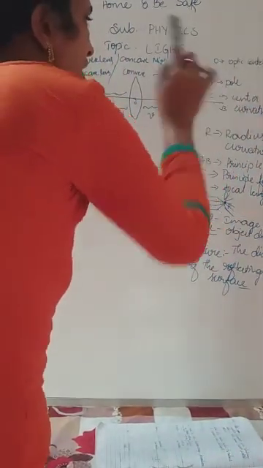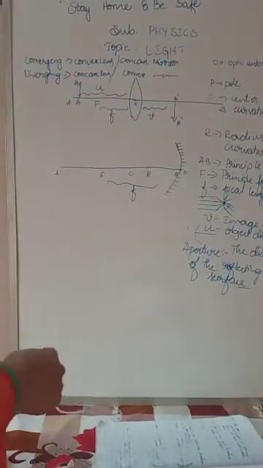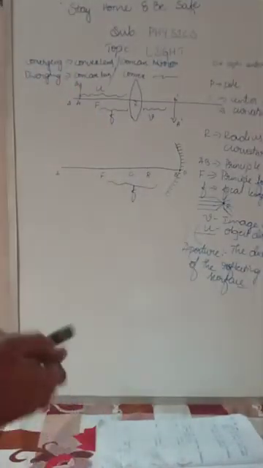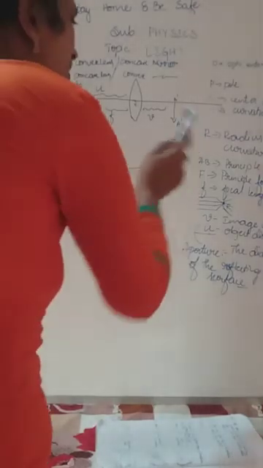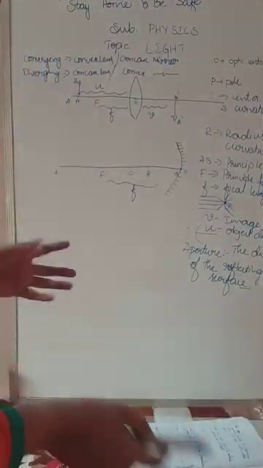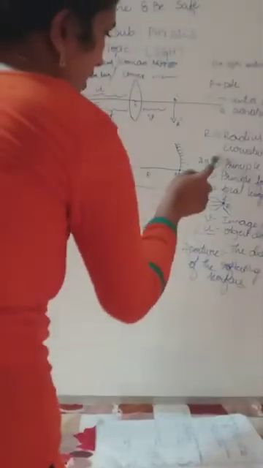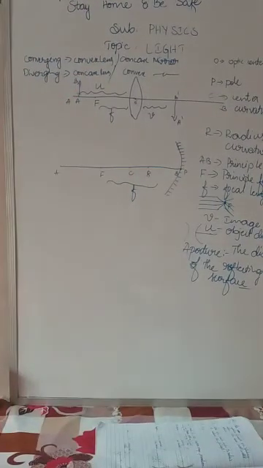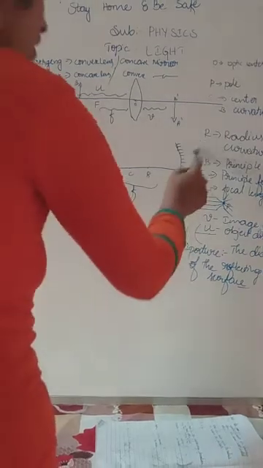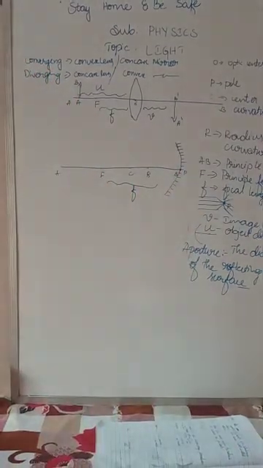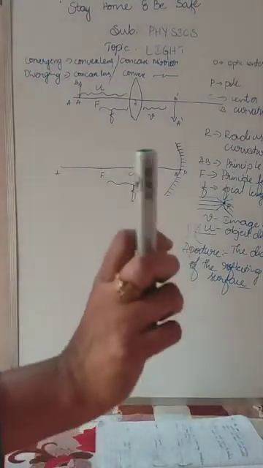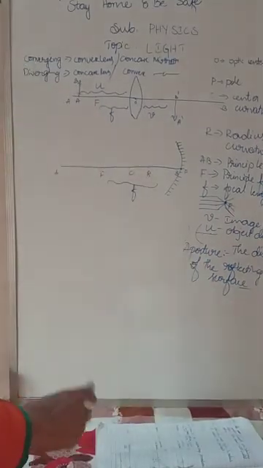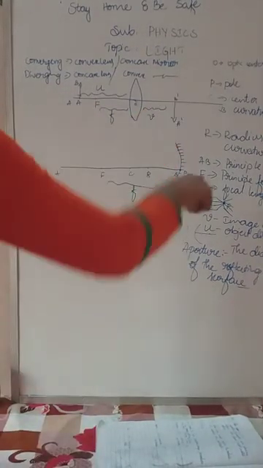Optic center is denoted by the small o, pole of the mirror is denoted by P, center of curvature is denoted by C, radius of curvature is denoted by R, and principal axis is denoted by AB. It is variable, we can give any name for that. It does not have a fixed letter to denote it, but these are all fixed letters.